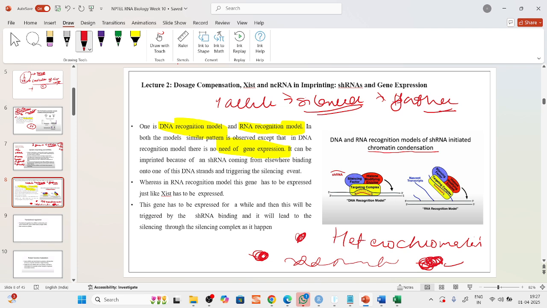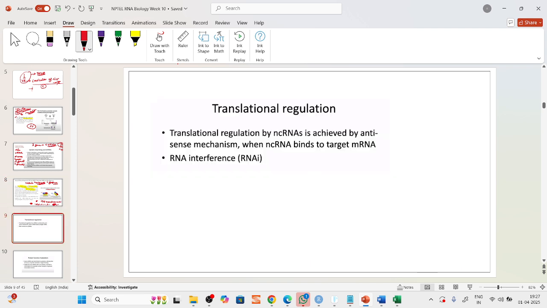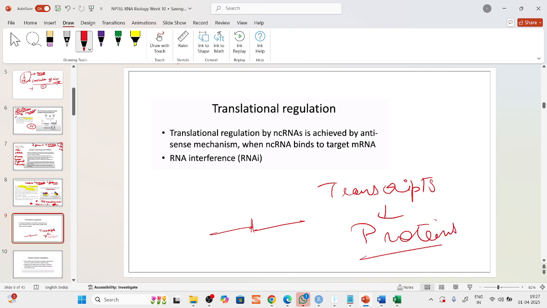Even if transcription has happened, we can try to control it at the translation level, because whatever transcripts are there, ultimately those transcripts have to be converted to proteins, and only then will the function take place. So we can control it at the transcription level, and if that is not possible, we can also try to control it at the translation level.